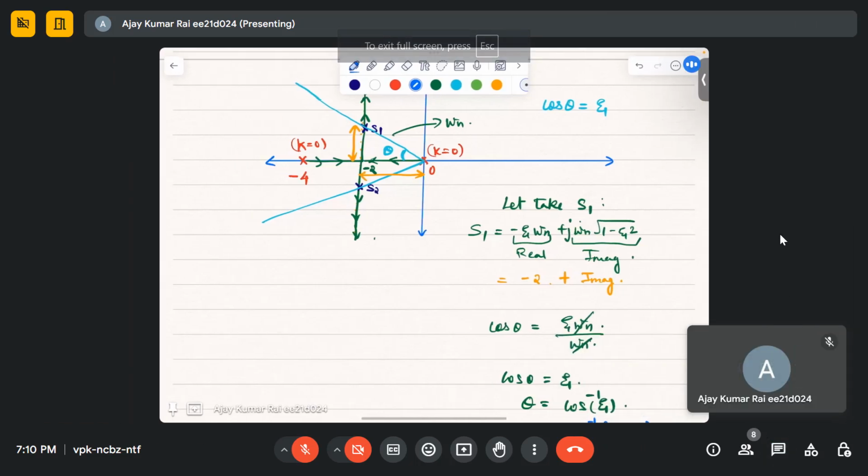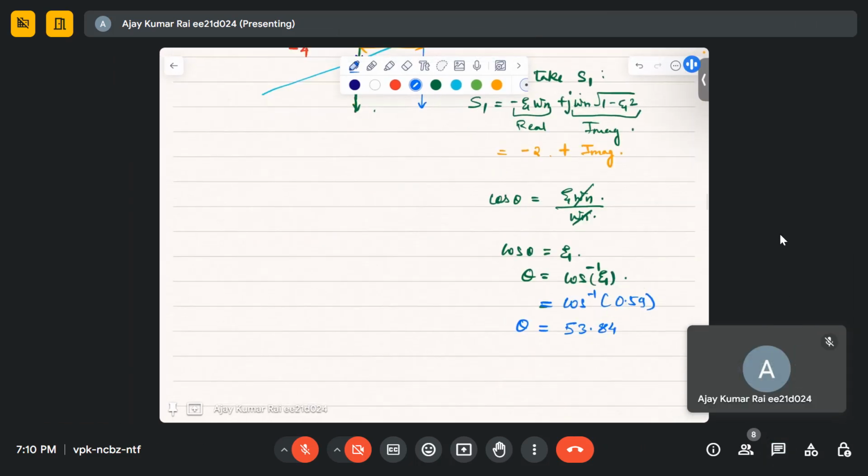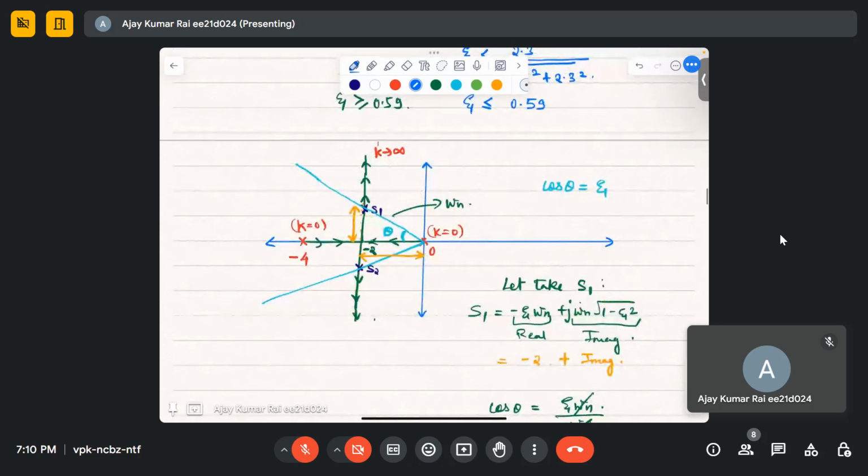Correct. Okay, so let's take theta as 53.84 degrees. So let me write here 53.84. I was saying this is omega n. So here theta is equal to 53.84 degrees.